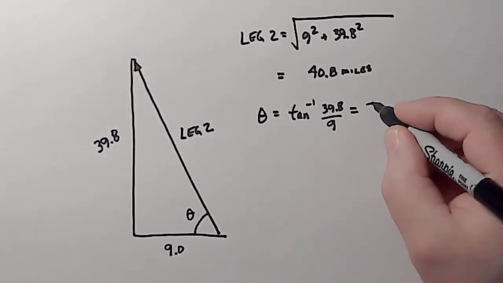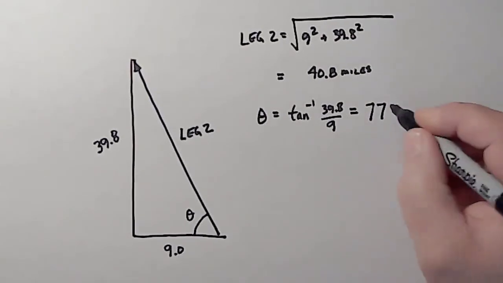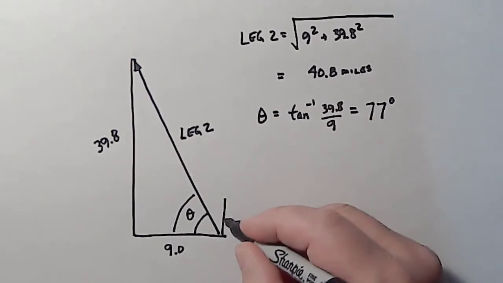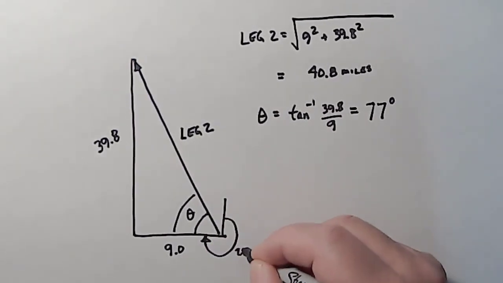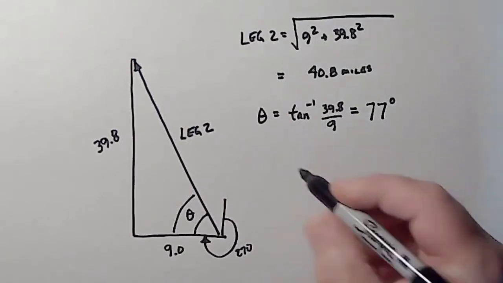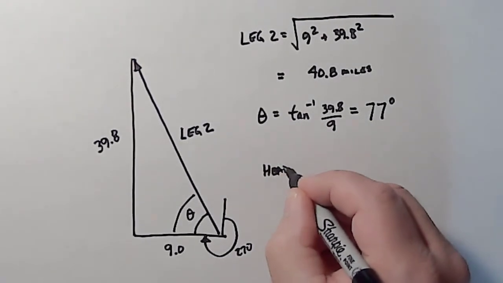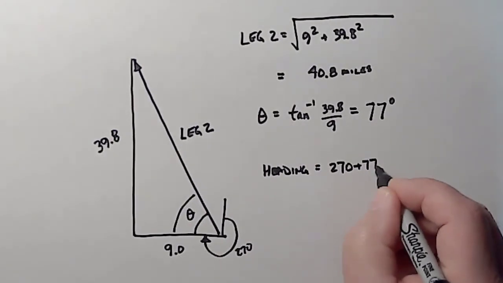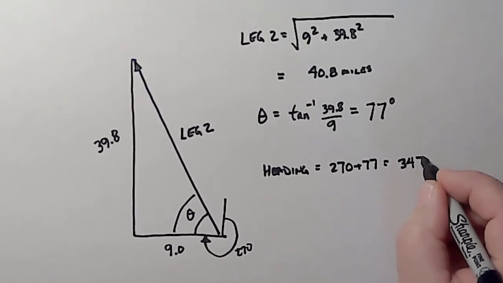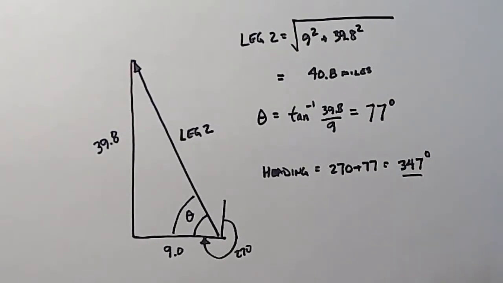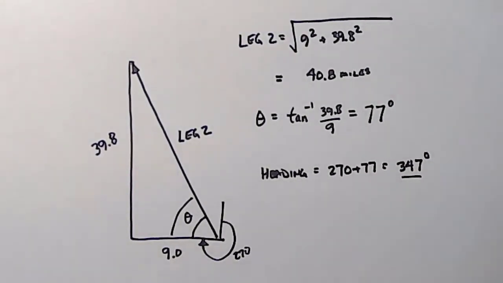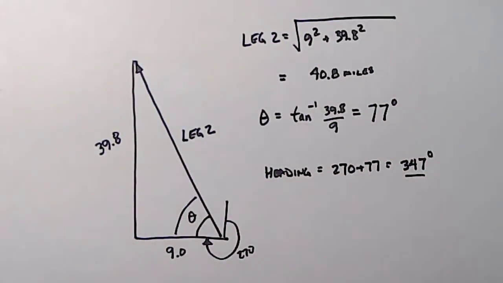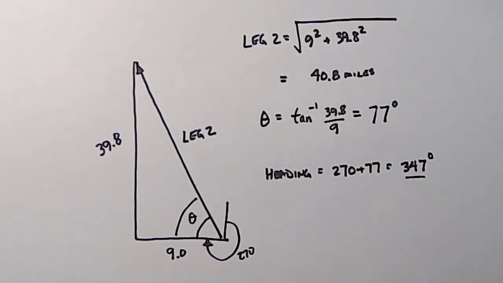And that equals 77 degrees. Now that's this angle. So if we're going to do a navigation problem, this is 270, this is 77, so my heading is 270 plus 77, or 347 degrees. Okay, I'm not too worried about the heading and that sort of thing, because that really doesn't apply, but you should be able to calculate the angle from the horizontal axis. That's what we'll always need to know.